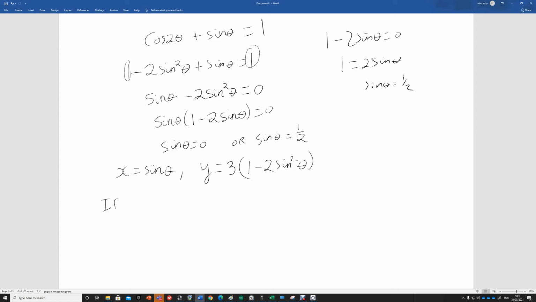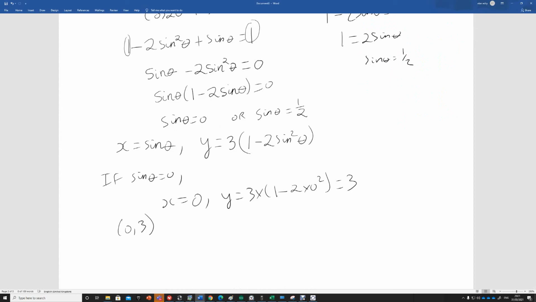Okay, so if sine theta is equal to 0, we have x is equal to sine theta, which is 0, and y is just 3 times (1 minus 2 times 0 squared), which is just 3. So I have (0, 3). That will be one solution.